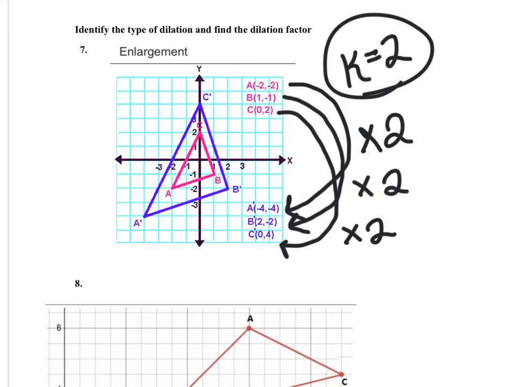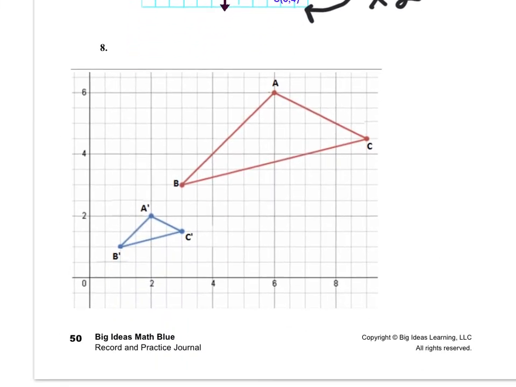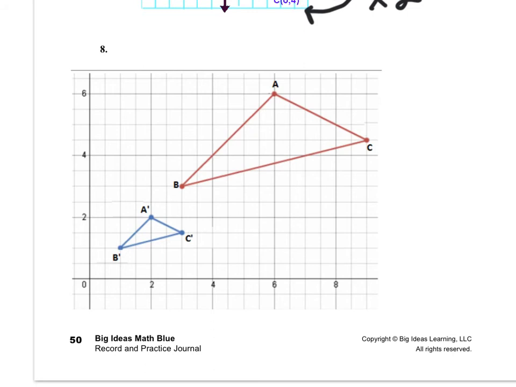All right, let's look at the next problem. This time the original figure is A, B, C. It's the larger one, and the image becomes smaller, A prime, B prime, C prime. Therefore, this is an example of reduction. In order to compare the ordered pairs, we first need to identify what the ordered pair is for each vertex.